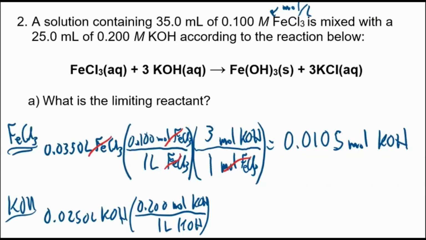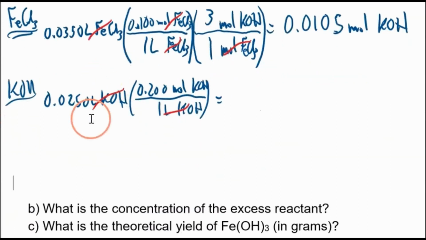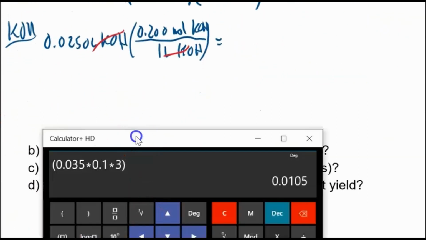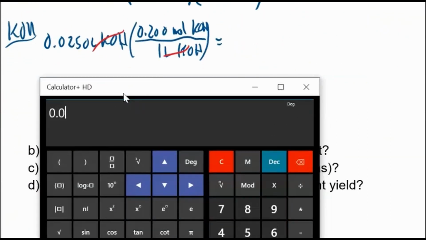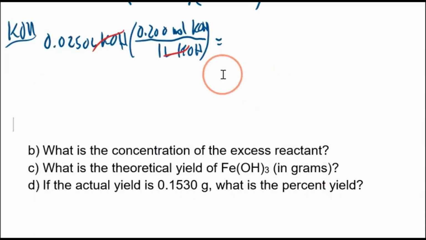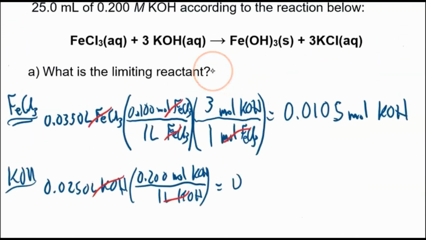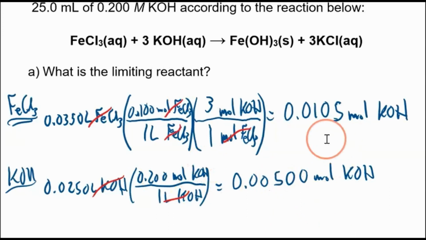So liters of KOH cancel, and if we plug this in, don't really need a calculator, but I'll put it anyways. 0.2 times 0.025 is 0.005. Now there's 3 sig figs here and here, so I better make this 3 sig figs. Moles of KOH. All right, so look at this.